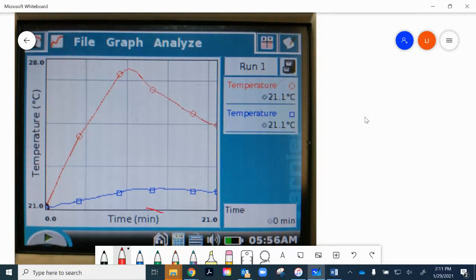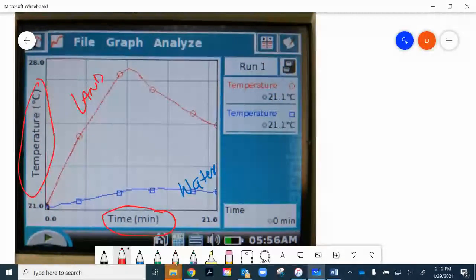Time is down here, temperature is over here, and over time, our blue is water and our red is land. If we look at this, it's pretty crazy how this works. As the sun starts to shine, we're going to say that this is time in minutes. So we did kind of an accelerated thing.